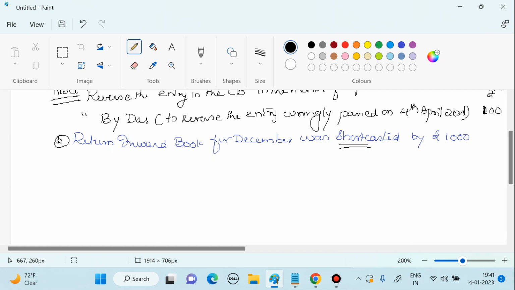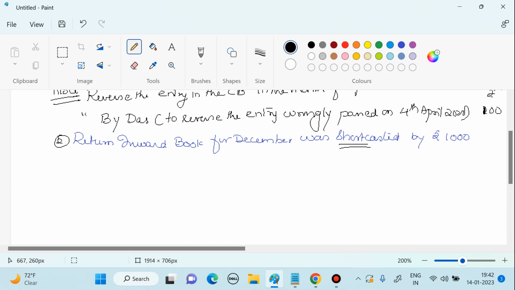Shortcasted, so less has gone. Return inward means debit or credit? Debit. Return inwards is sales return. Correct. So sales return is always on debit. Both of you are right. It's a debit. Debit 1000 gone less.